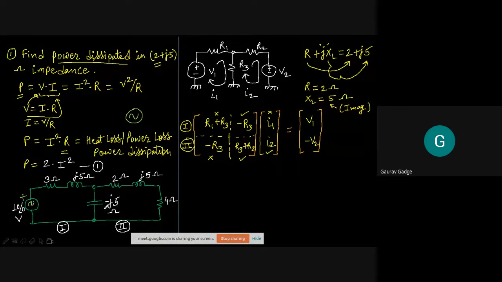Now, can you mark the loop currents with orientation?